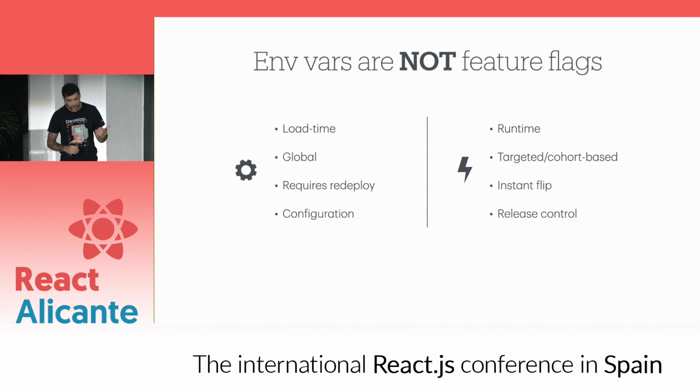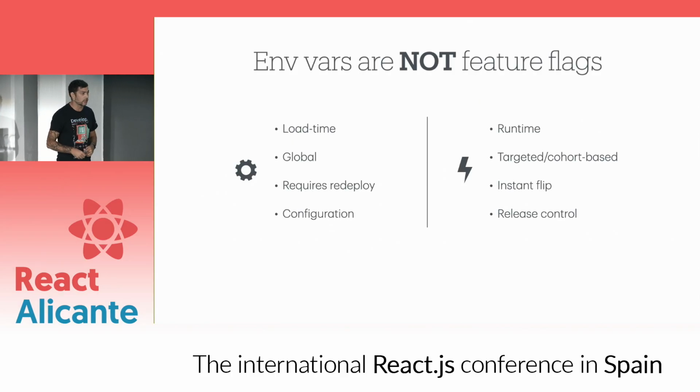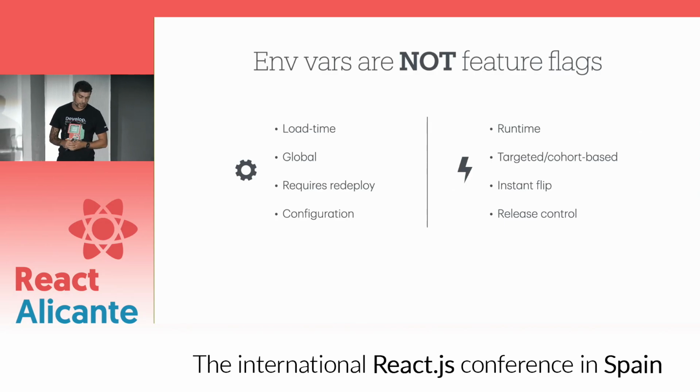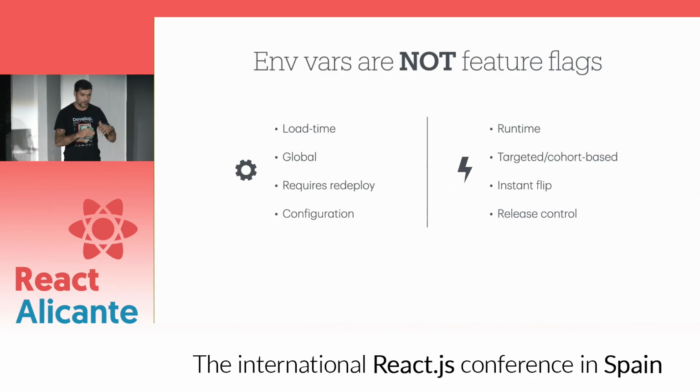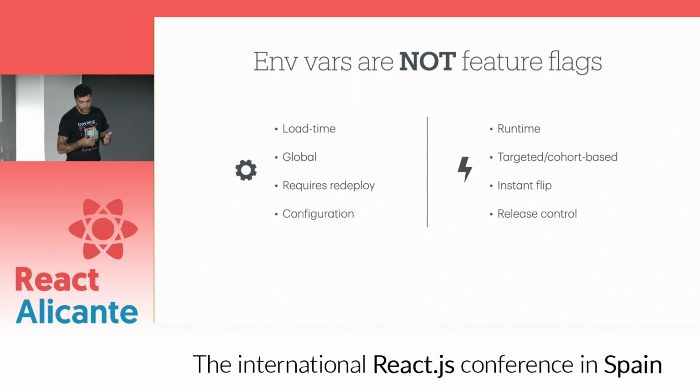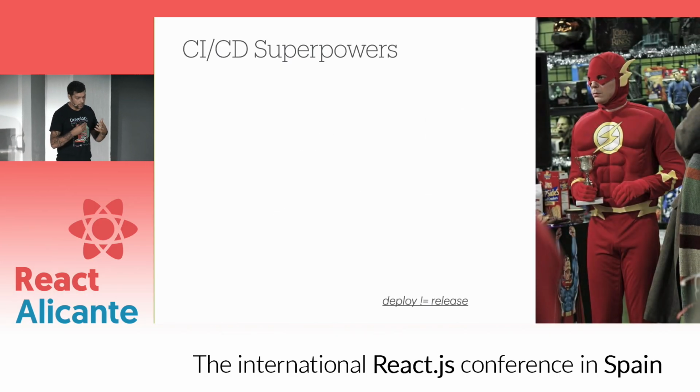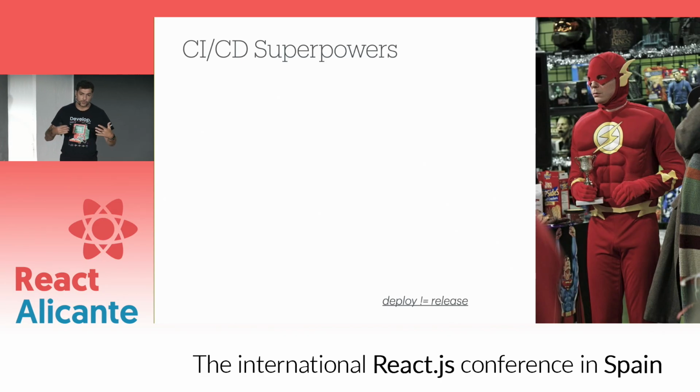They have an instant flip, and they can continuously change value. So they are great for release control. So joining the two things together, environment variables set the configuration of the environment. Feature flags help to change the behavior inside that environment. And that gives us some simple but very powerful features.